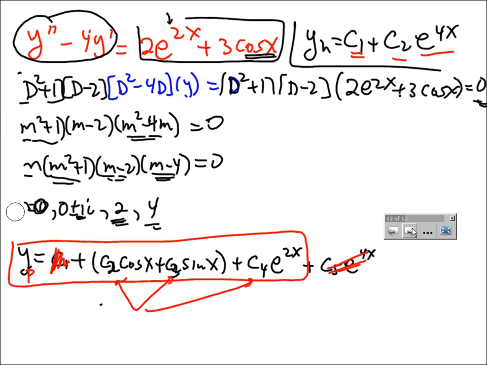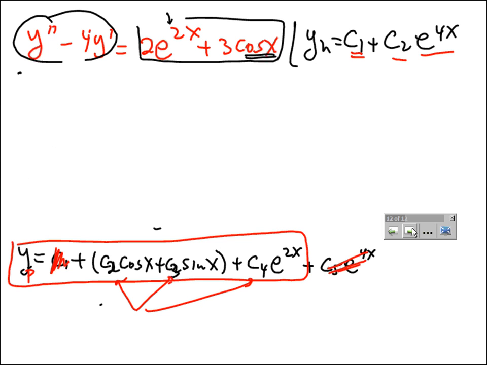So let me erase this and put it on top. We will find out what y double prime is, we find out what 4y prime is, and we subtract it. And we set it equal to this. And we equate coefficients.